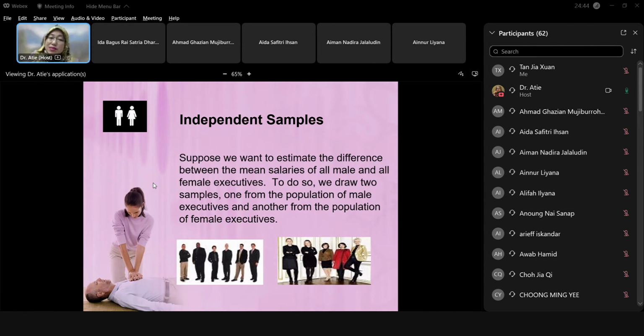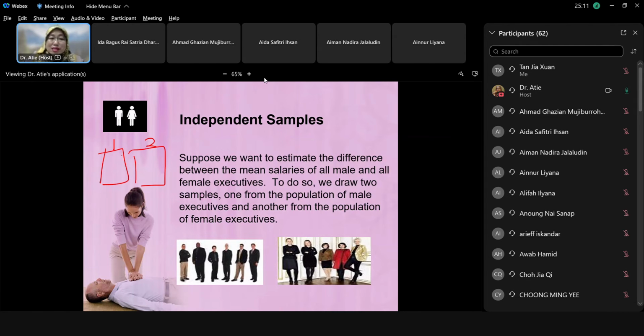For two samples, we have two conditions. The first one we call independent samples. When I say independent samples, it means I have two samples, sample 1 and sample 2, which come from population 1 and population 2. These two samples are not related at all.